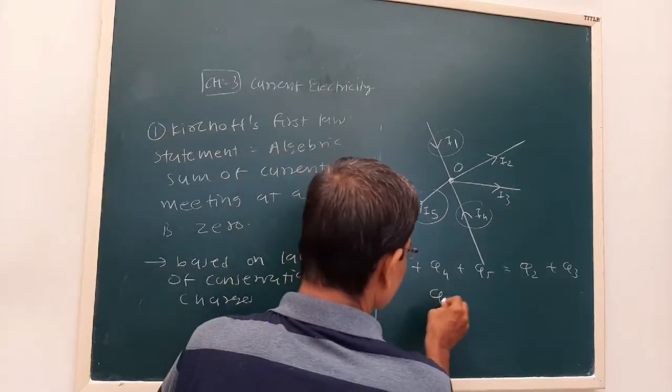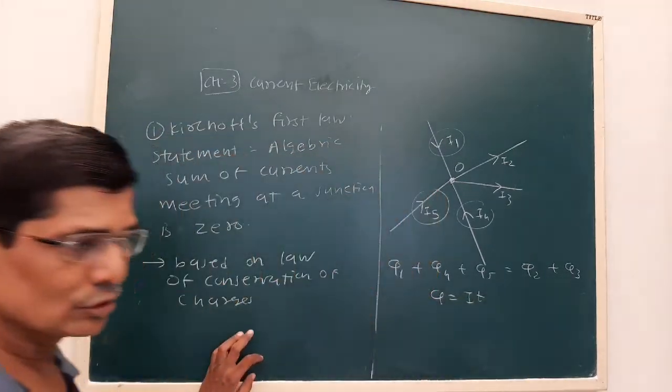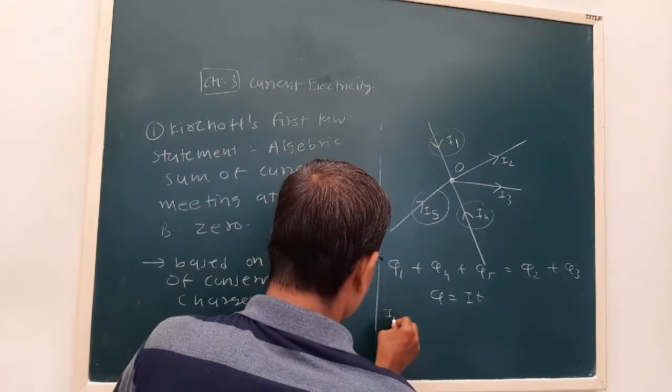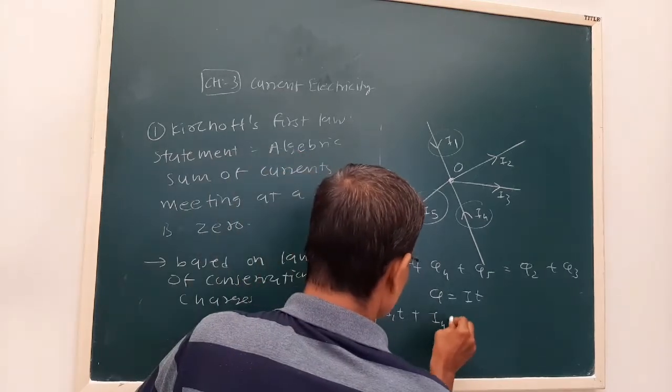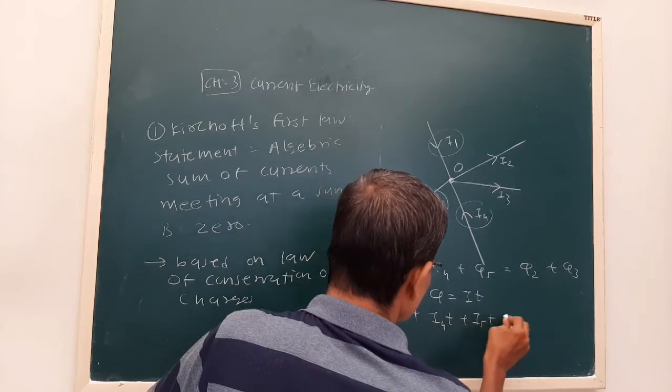Now we know the formula, Q is equal to IT. So in a given time, this Q1 charge forms current I1, Q4 forms I4, and similarly.